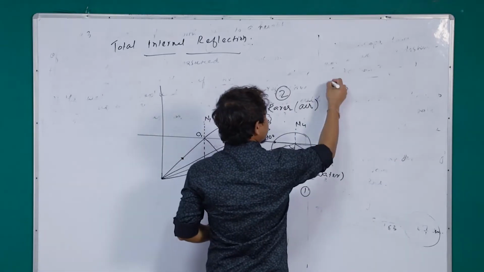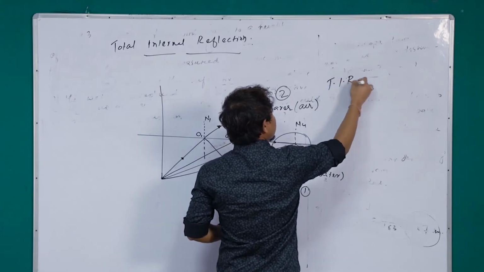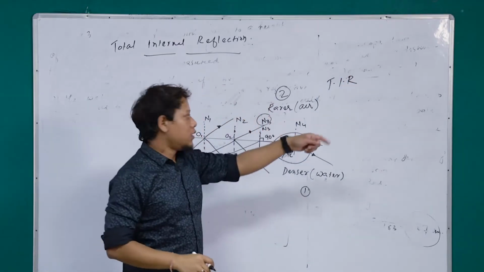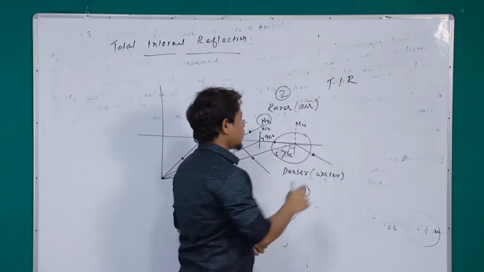In short, in some books it's written as TIR. It means total internal reflection.